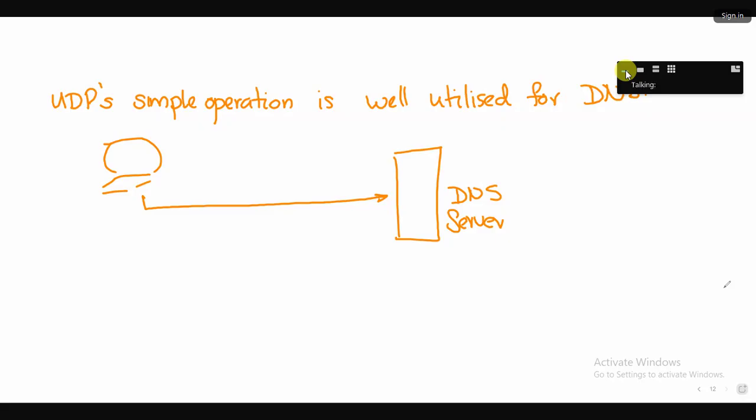So on top of UDP, a DNS query is sent with best effort in mind.